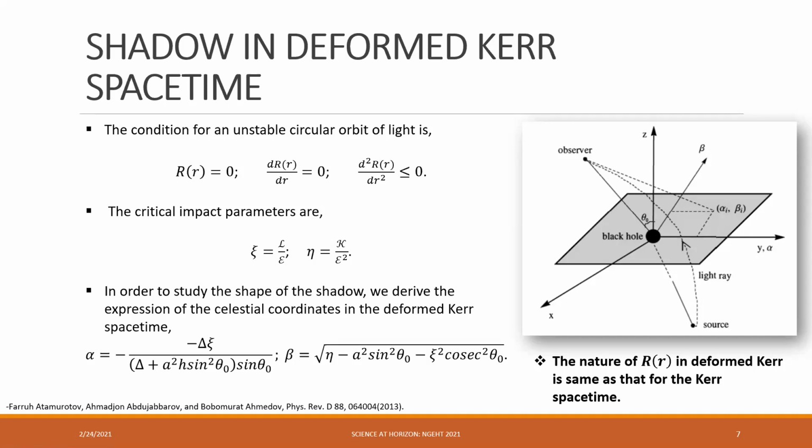For a shadow to form, the photon sphere plays a vital role, and here you can see the condition for the existence of the photon sphere. The next important part is the impact parameters, which we will be using to find the expression for the celestial coordinates. This image over here will help us understand the importance of alpha and beta in order to get the shape of the shadow.